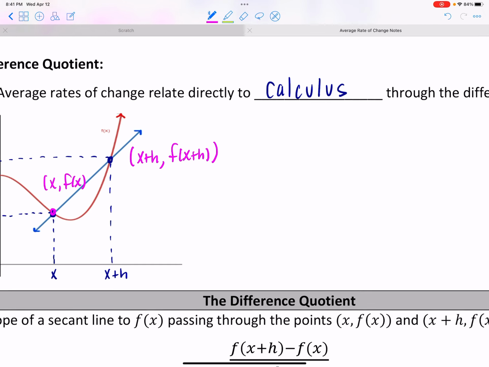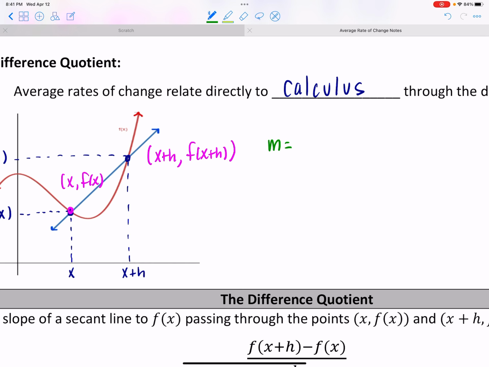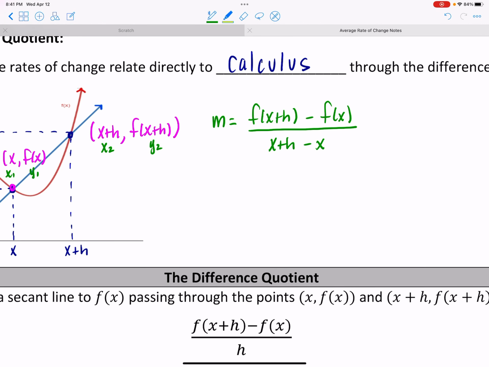If I wanted to find the slope through these 2 generically written points, my slope would be y2 minus y1, so it would be f of x plus h minus f of x, and then we would divide by x2 minus x1, and that would be x plus h minus x. And you can see in the bottom of the fraction, we have a positive x and a negative x that are going to cancel, and so that means we end up with just f of x plus h minus f of x in the numerator, that didn't change, but in the denominator, just an h.